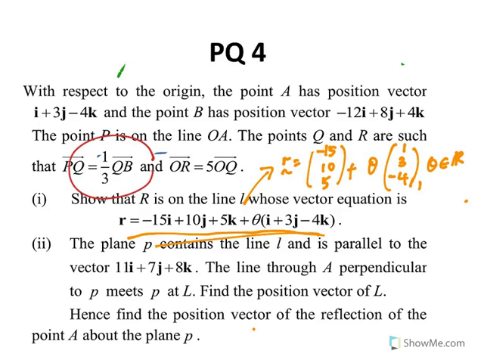So how do I show? I can show that it takes the form of the line, right? For what case? Lambda is just equals to 1. So I can say, actually this lies on L because it takes the form of the line for some lambda.